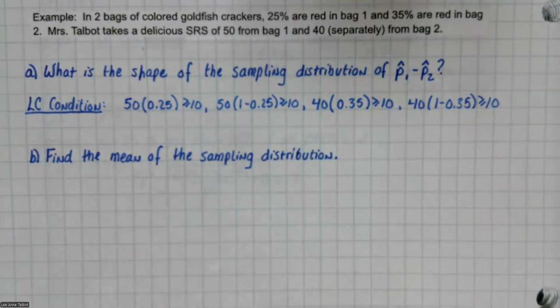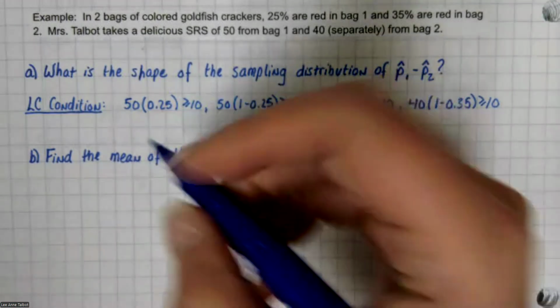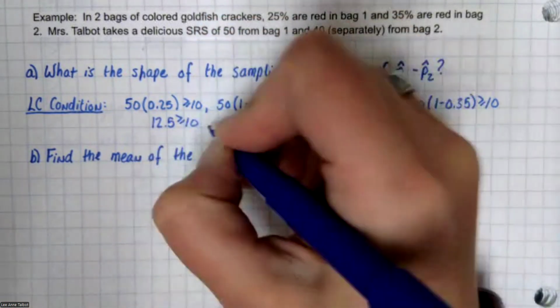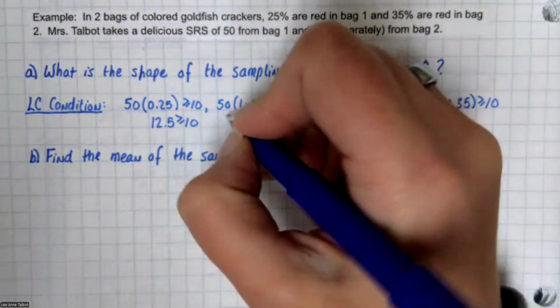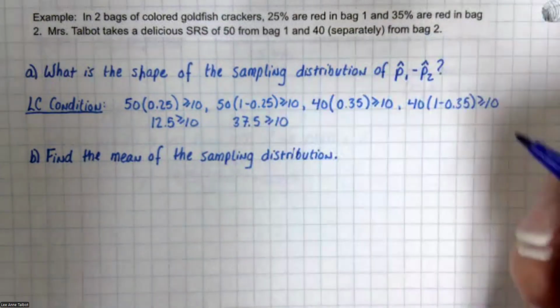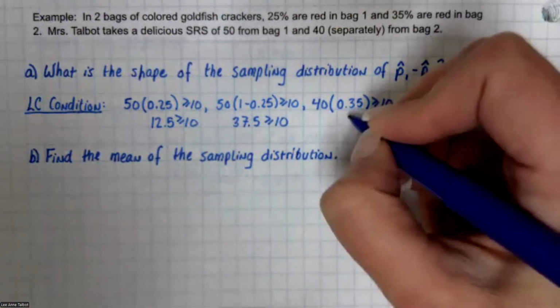Are you guys okay with if I steal the numbers from already doing this before? Okay. So this is 12.5. This is 37.5, which makes sense because they have to add to 50. This is 14.